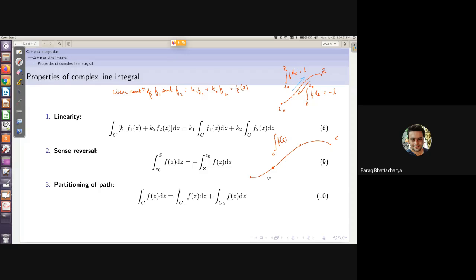This part I could call C1, this part C2, and this part C3. So the integration along C is the same as integration along C1 plus integration along C2 plus integration along C3. That is known as partitioning of paths. So linearity, sense reversal, and partitioning of paths are three properties of a complex line integral.